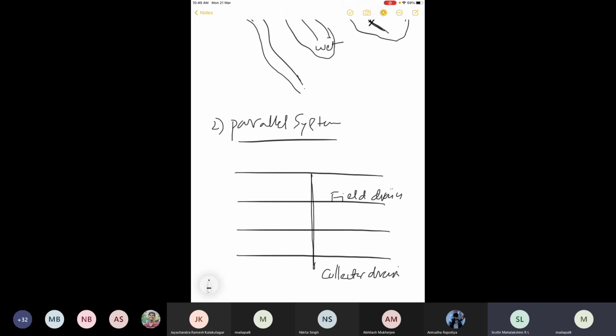So don't confuse the field drain to be always an open ditch. Field drain is a common term, so it could be an open ditch or pipe. Okay, field drain. Similarly, the collector drain. So you will get the water and then dispose the water like this, using collectors.